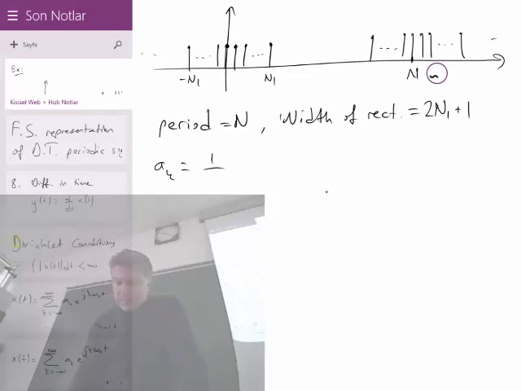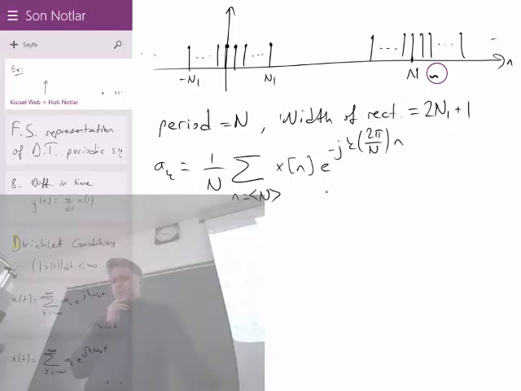The formula was 1 over N, summation of n in a range of capital N, within a range of 1 period, x of n, this is the axis of n, let's not forget that, x of n e to the minus jk fundamental frequency, which is 2 pi over capital N times n.